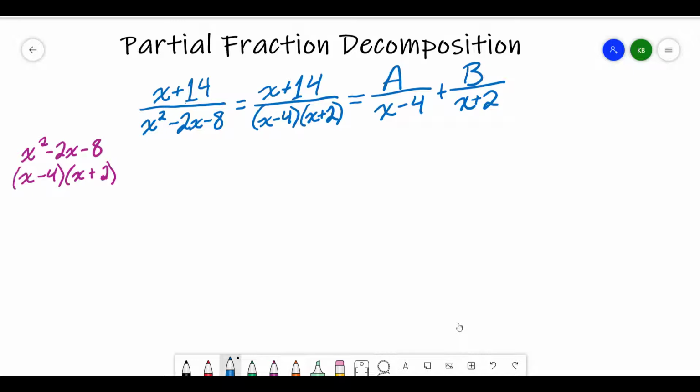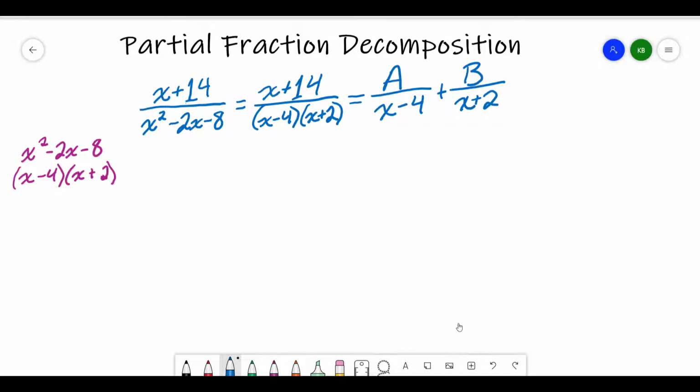This would have been how we had two separate fractions, and then we decided we wanted one fraction, so we came up with that common denominator of the product of the two denominators, and then my numerators would have combined to make x plus 14. That's the idea here. So we want to figure out, what would A and B have to be?